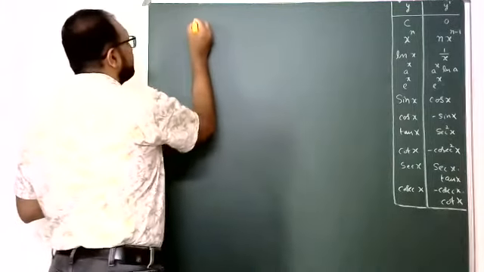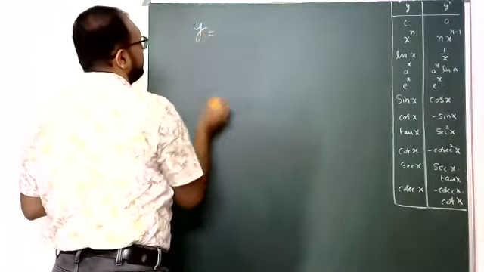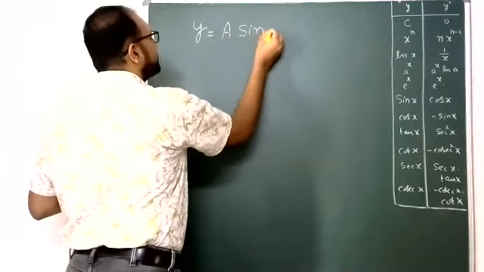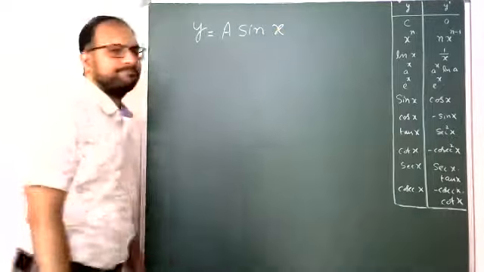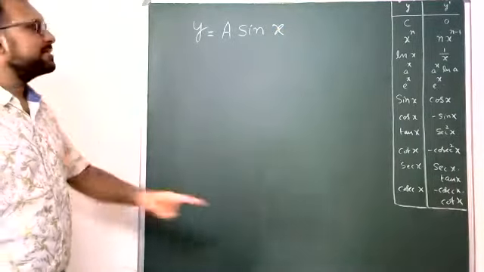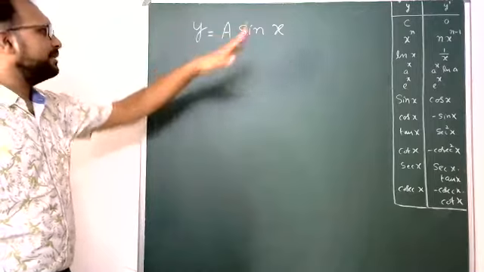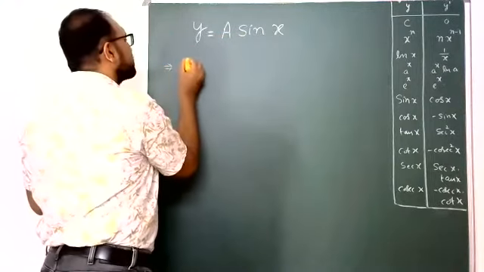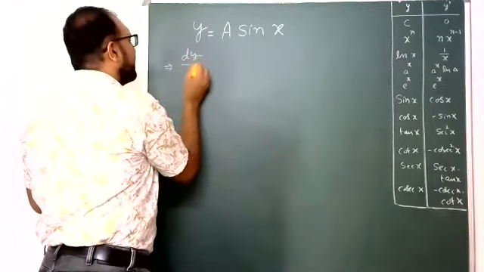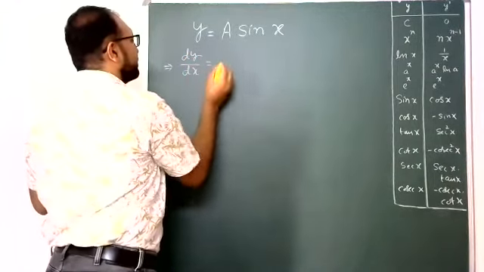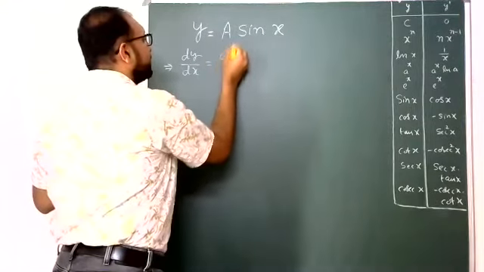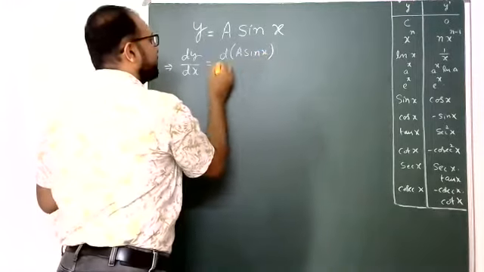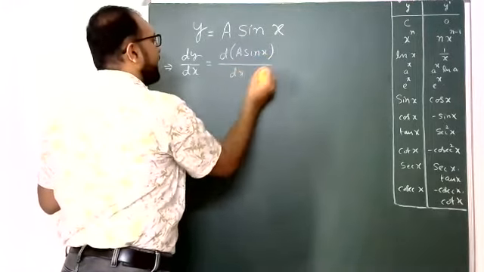Students, one function, suppose y equal to a sin x, where a is a constant and x is the variable. What is the first derivative, that is dy by dx, the derivative of a sin x with respect to x?